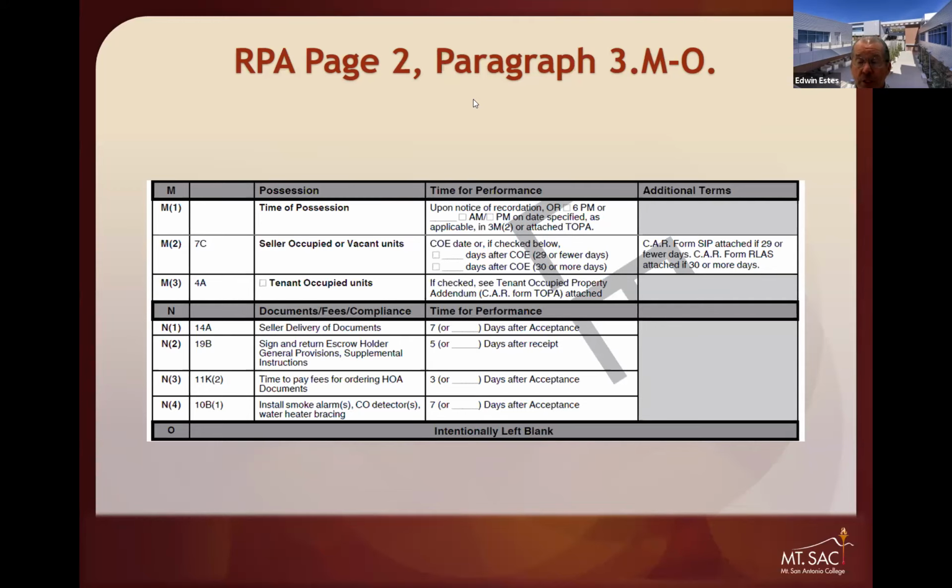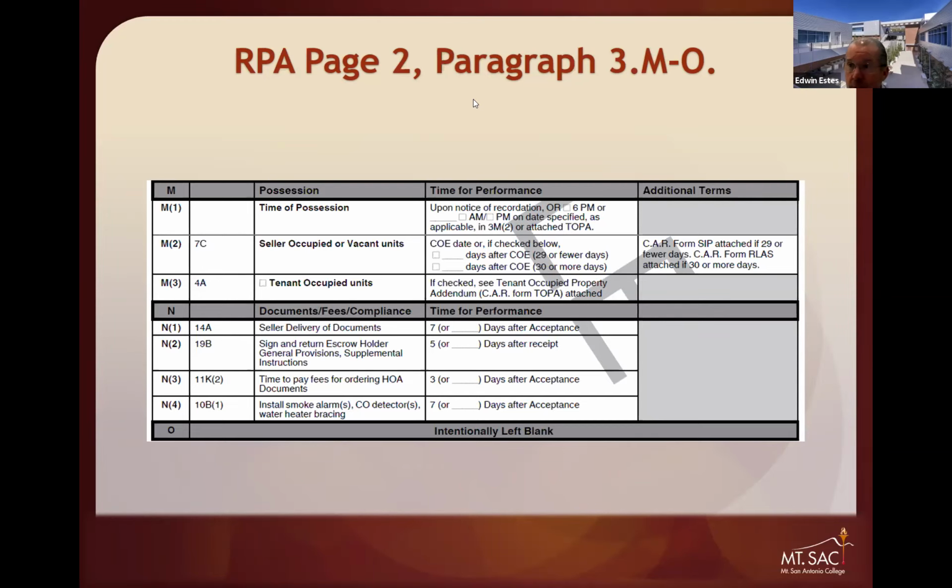However, if the tenant doesn't move out, then the buyer can either buy the property and get the tenant, waiving all claims against the seller, or the buyer can cancel, get their deposit back, get their inspection fees back, and get their appraisal fees back.